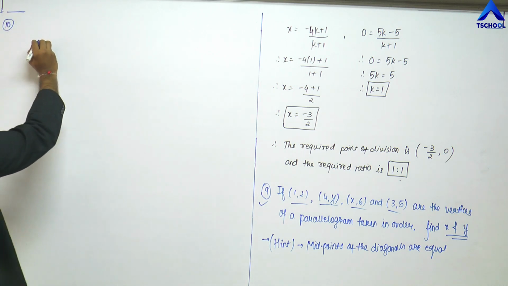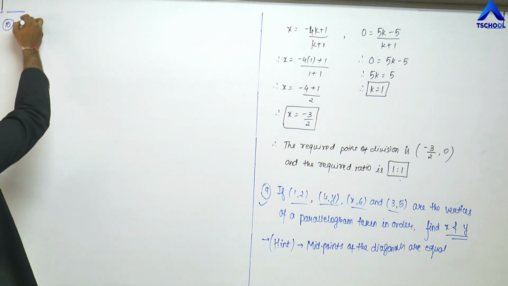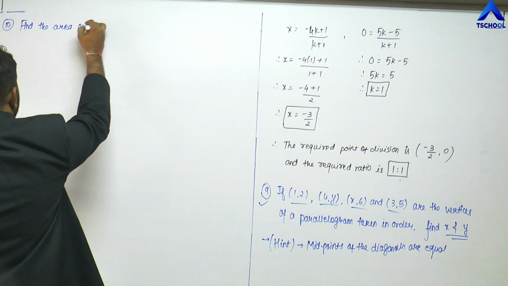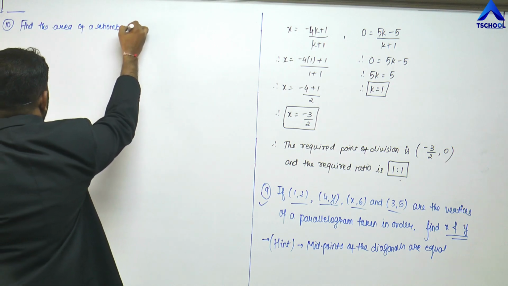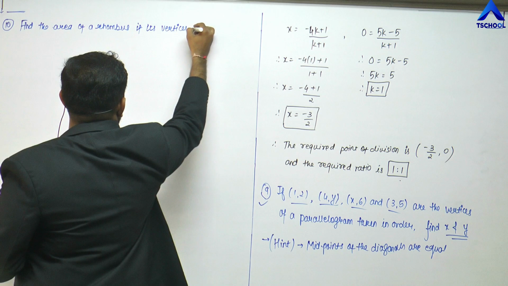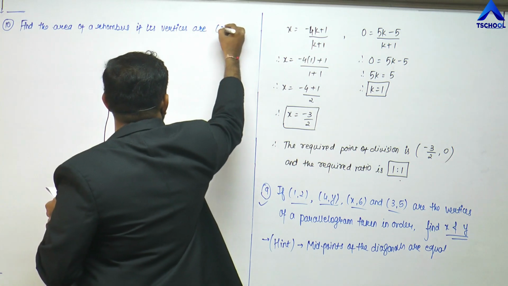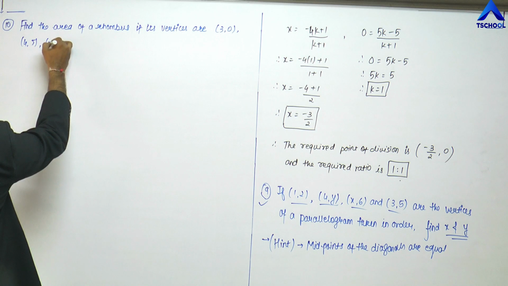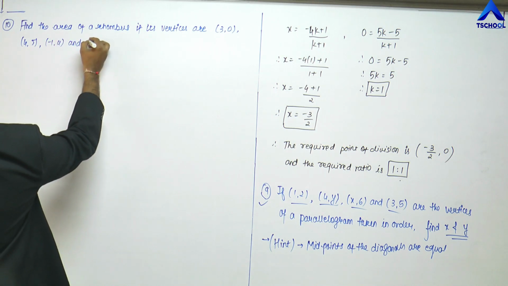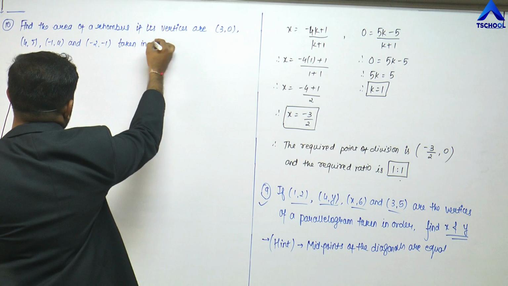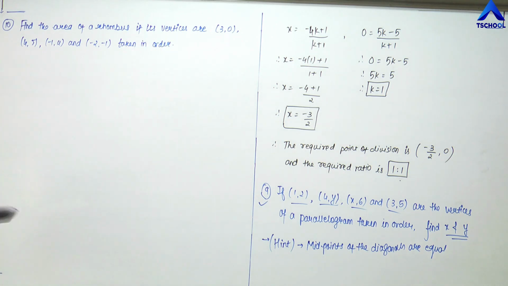The question is given here that find the area of a rhombus if its vertices are 3 comma 0, 4 comma 5, minus 1 comma 4 and minus 2 comma minus 1 taken in order, right?